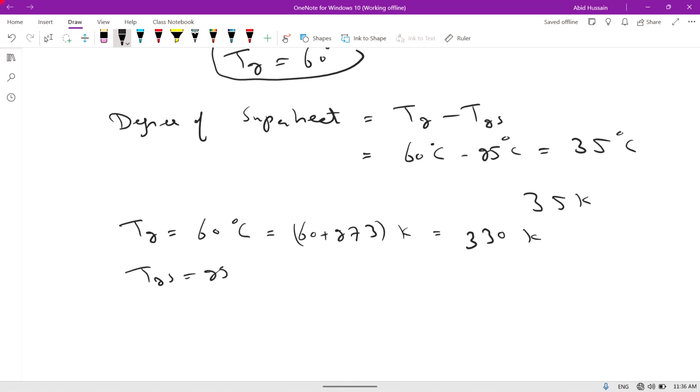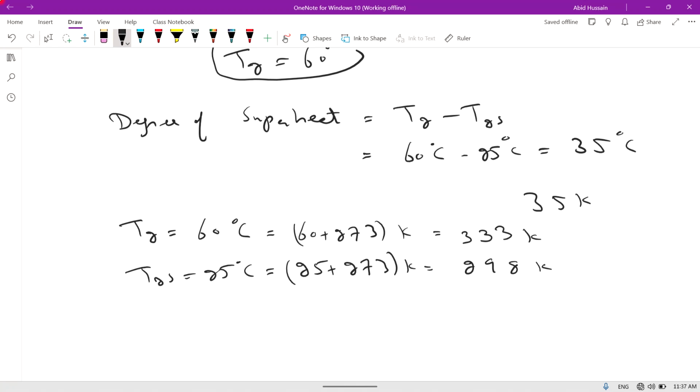And T2S equal to 25 degrees centigrade is equal to 25 plus 273 Kelvin, which is 298 Kelvin.